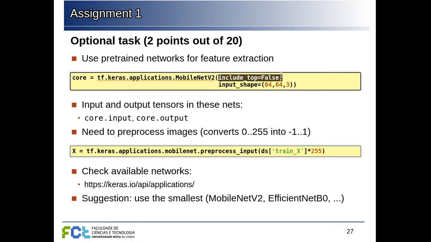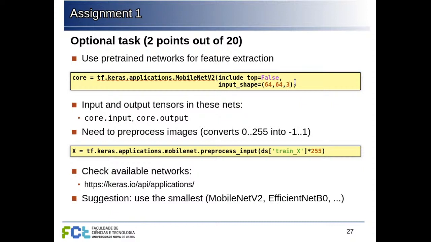So the dense layers are ignored, and we just have the convolutional parts of the network, which is what we want to transfer that feature extraction knowledge into our problem. You can specify the input shape. So in our case, it's 64 by 64 by 3. Not all of the networks available can take this shape because they are optimized for the ImageNet dataset.